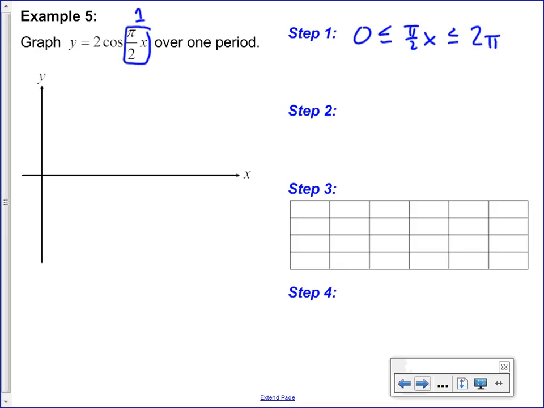Here we go. First step. Multiply by 2. 0, pi x, 4 pi.